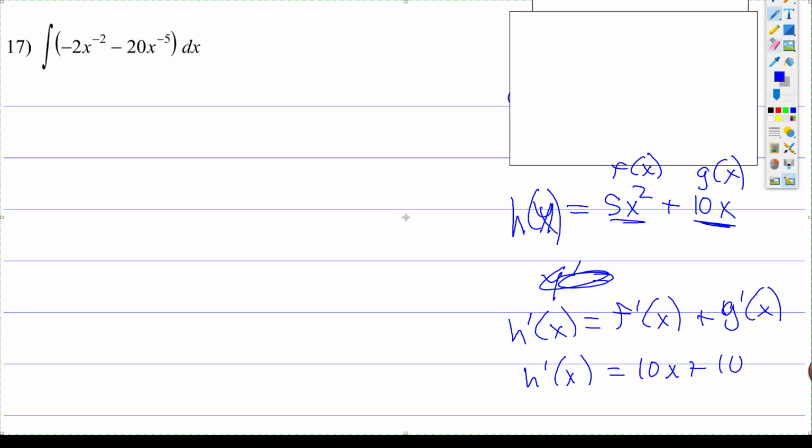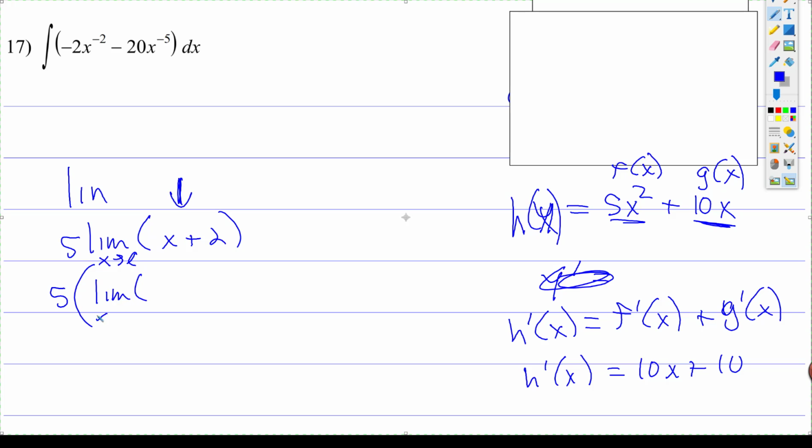So h prime of x would equal 10x plus 10. Okay, so you can separate. The other thing I forgot with that limit law: once you get it to be 5 times the limit of x plus 2, now we can use the sum limit law. That's the same thing as 5 times the limit of x, and remember this is all as x approaches a value, plus the limit of 2.